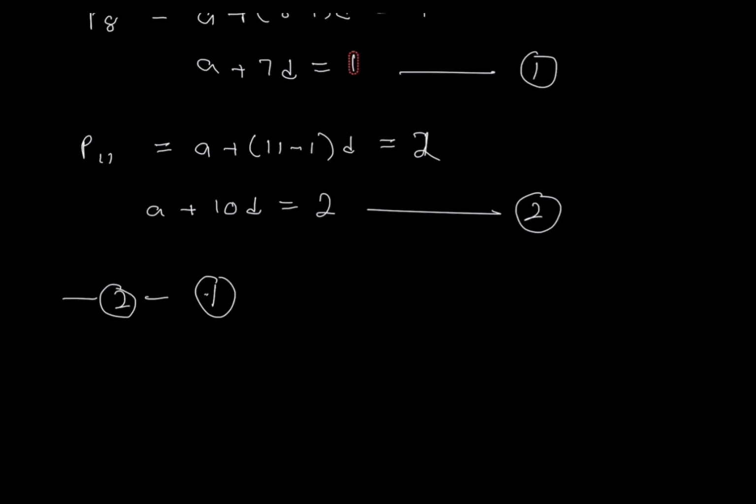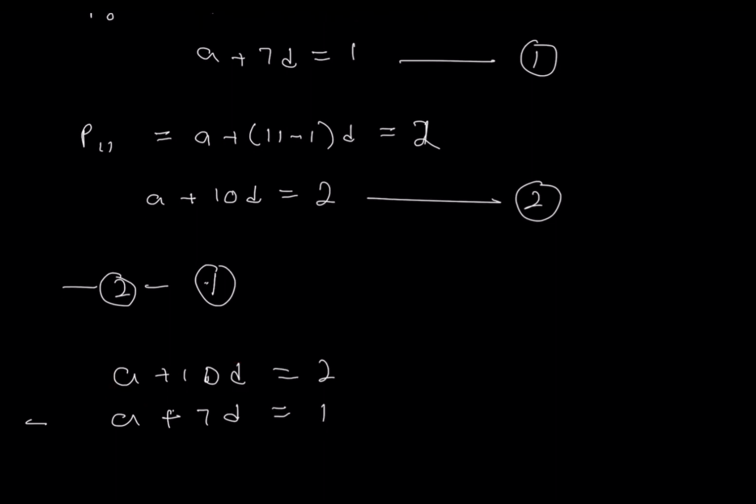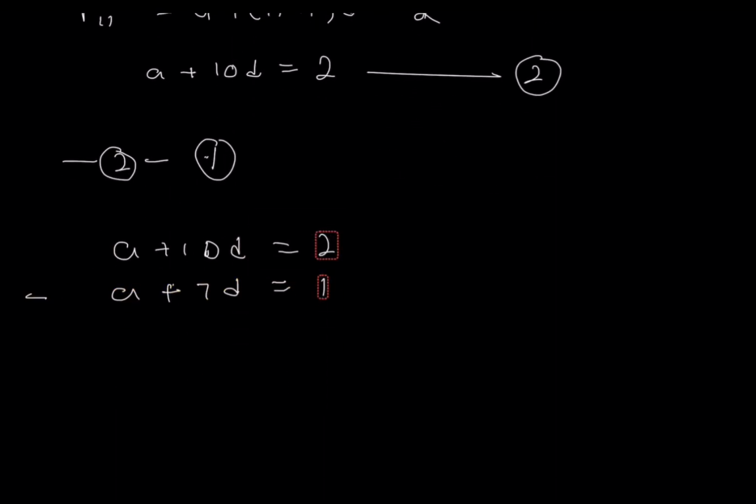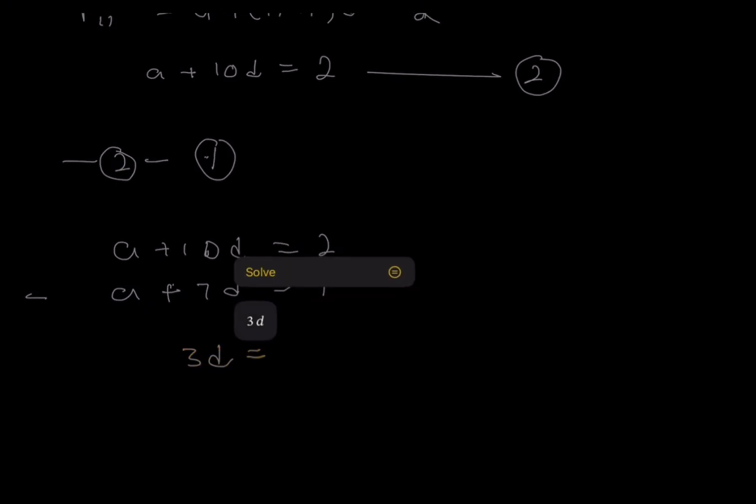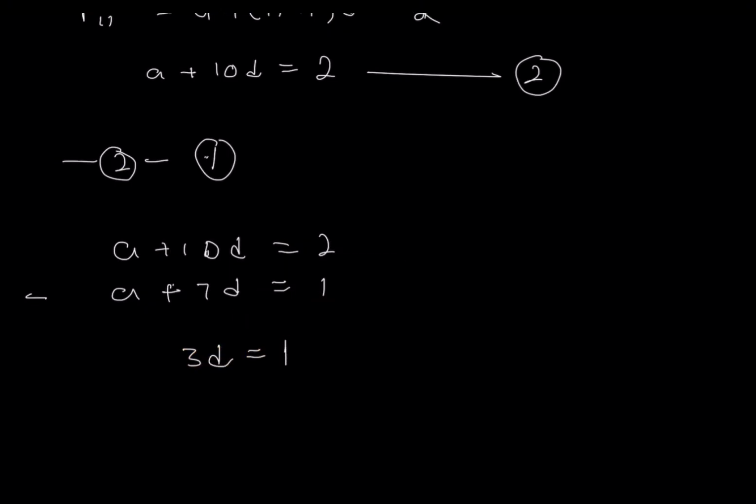So a plus 10d is equal to 2, subtract a plus 7d is equal to 1. This is going to be 10 minus 7, it's 3d is equal to 2 minus 1, it's 1. And our d is equal to 1 over 3.